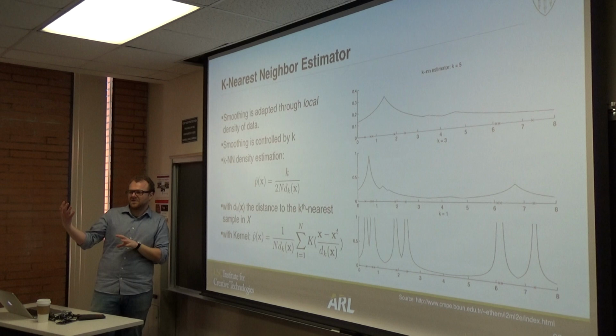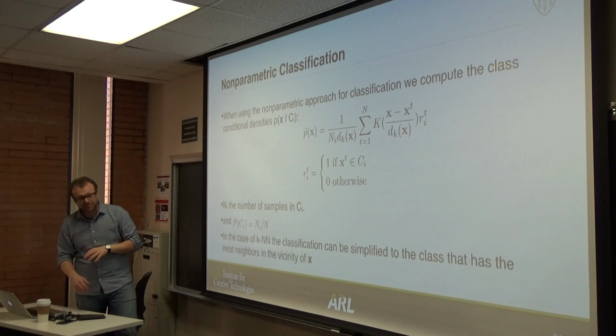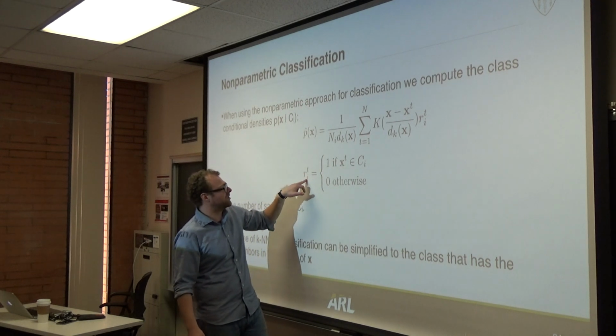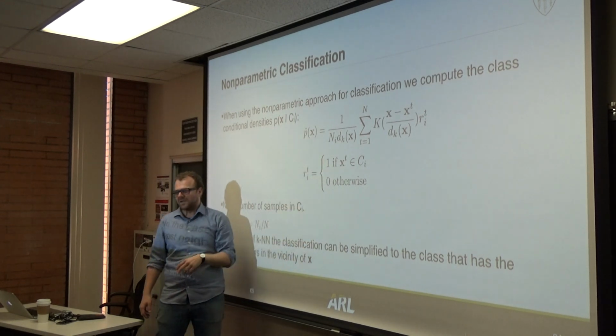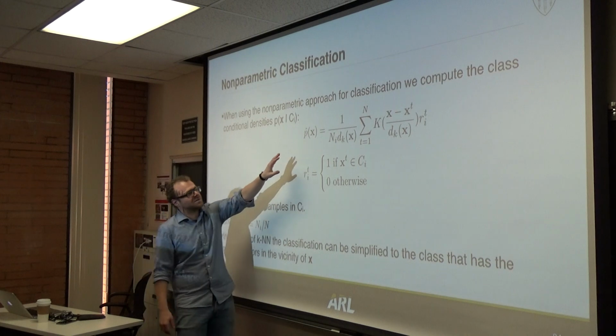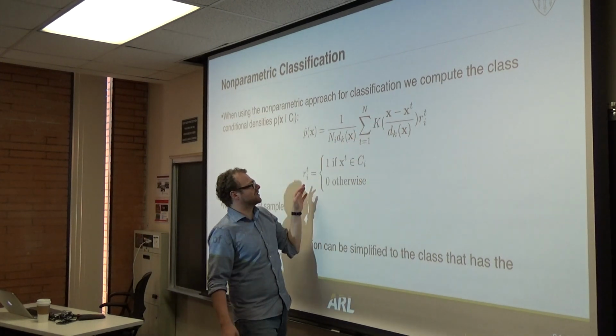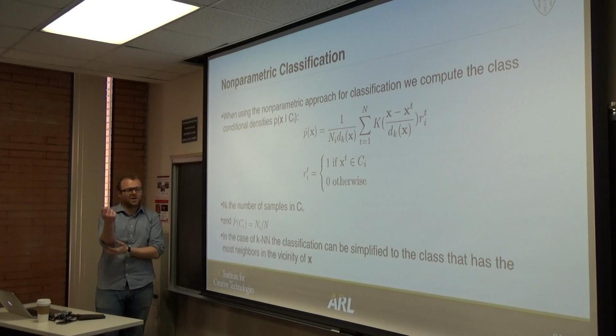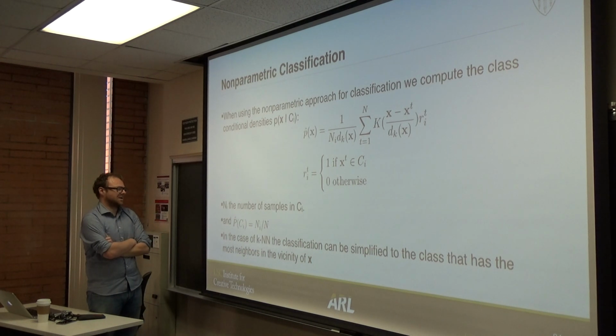You would choose the one that's higher, right? And to be able to compute this for each class separately, you have this indicator variable that just switches off this computation if the item is not part of that class versus the other.